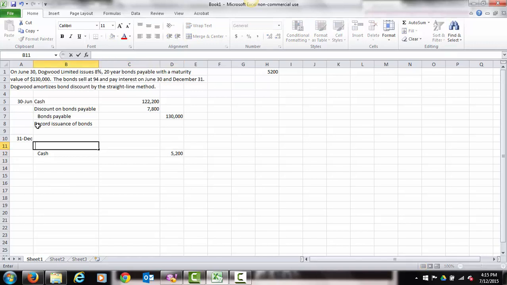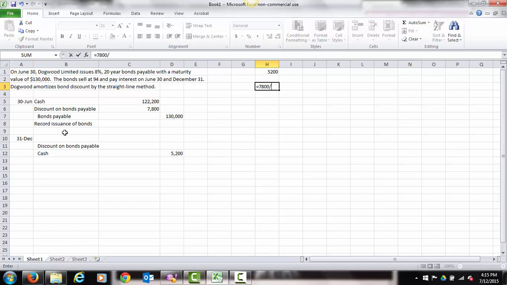Then I'm going to have another credit, discount on bonds payable. And how I'm going to figure out the discount is I know I have the discount on bonds payable of $7,800.